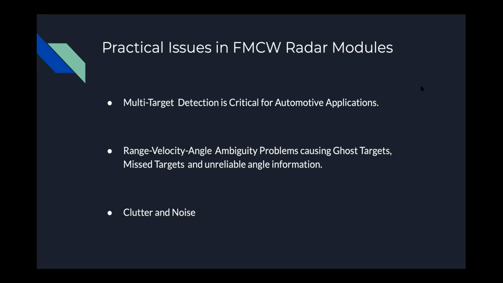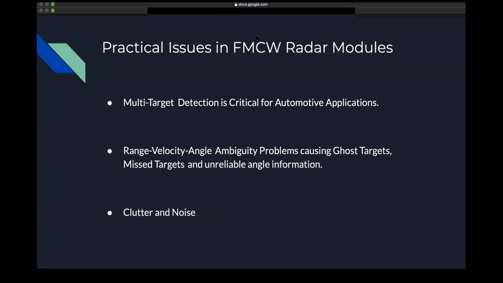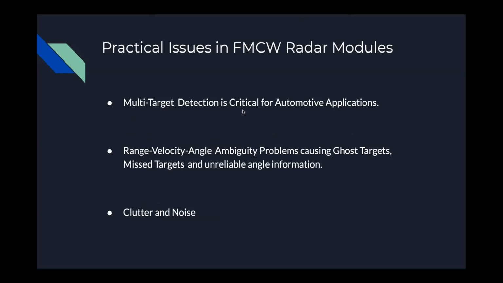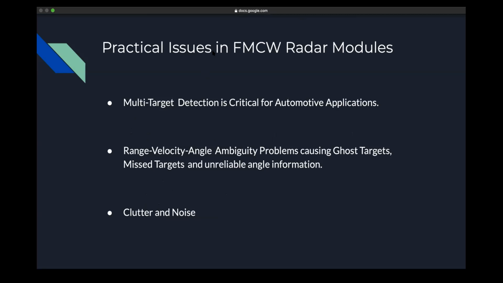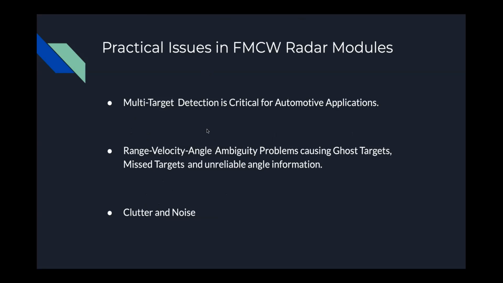So some of the practical issues in FMCW radar modules are presented in this slide. For automotive applications, multi-target detection is generally a crucial task, as we won't generally be driving in an open field. So there will be many different targets that need to be identified.